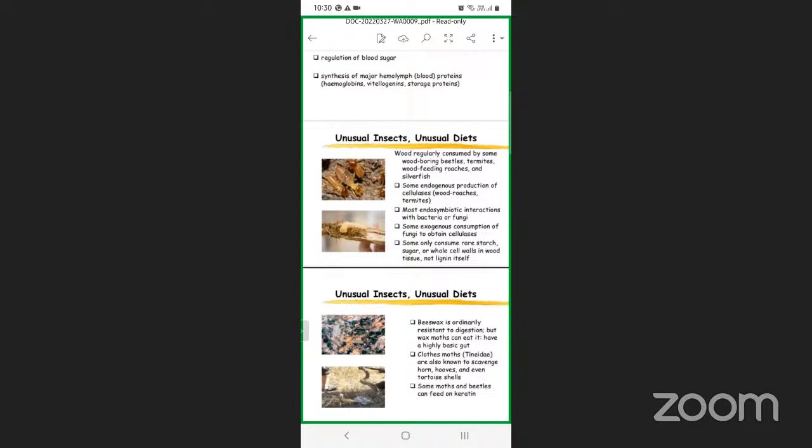Minerals also play an important role. The minerals present in the water are absorbed and help in development from the egg.